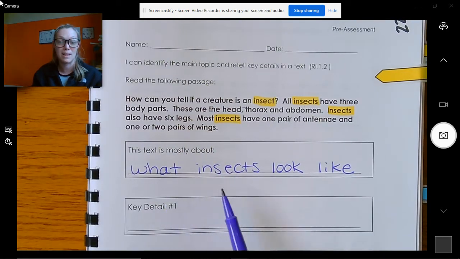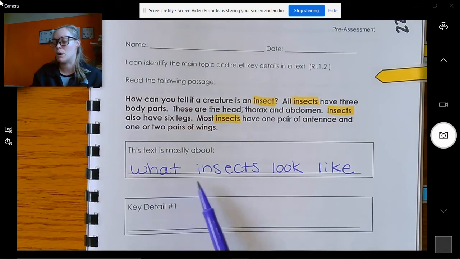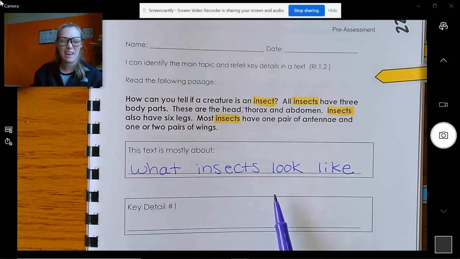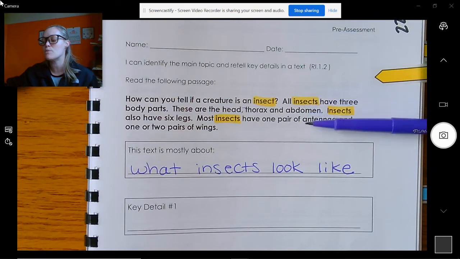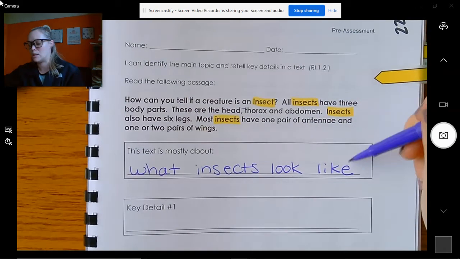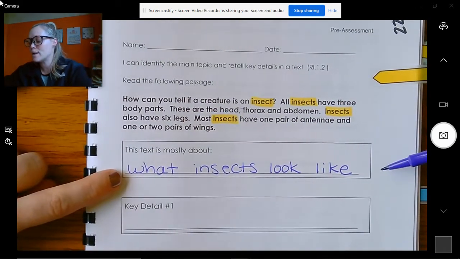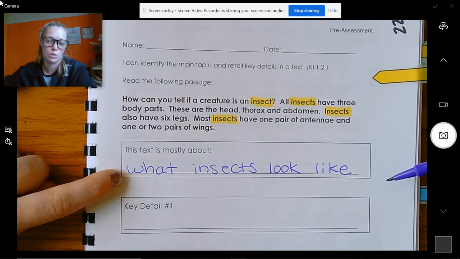So you could say what makes an insect, or what body parts an insect has, because these all have to do with the body parts an insect has. So there's a couple different ways to say this, as long as most of the facts relate to this, okay? So what insects look like is what this is mostly about.